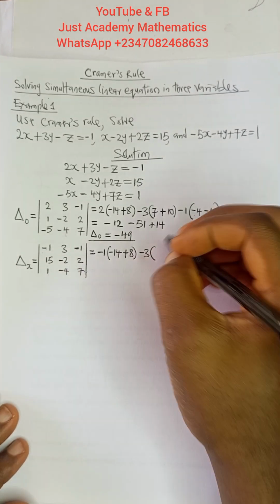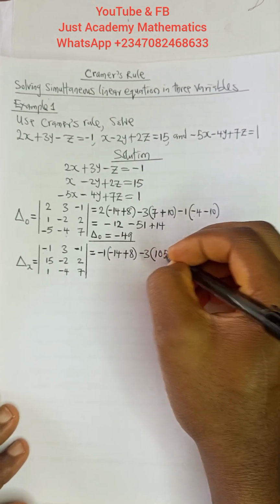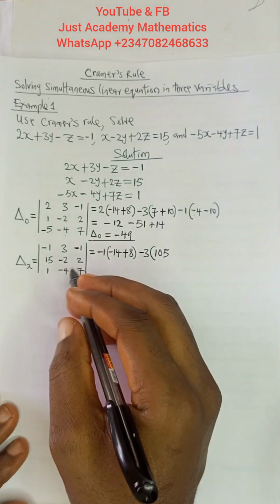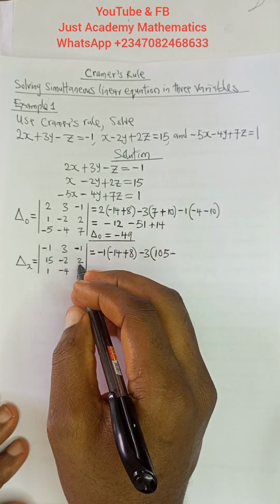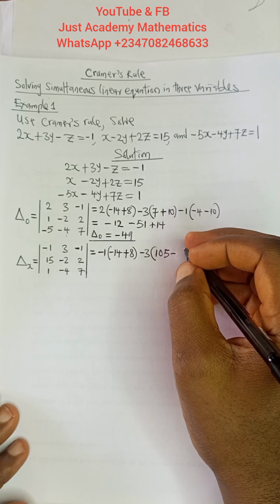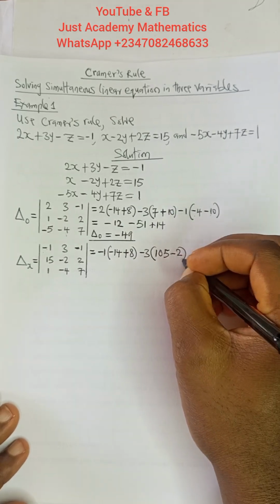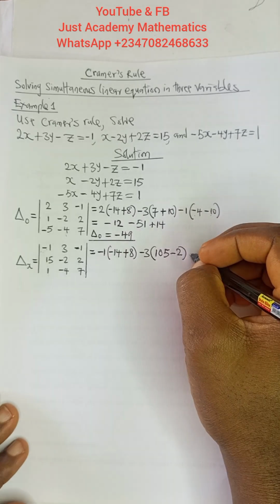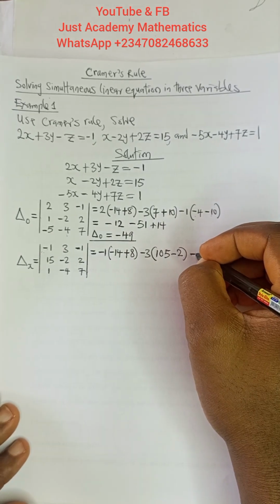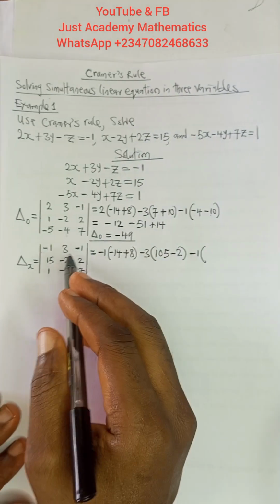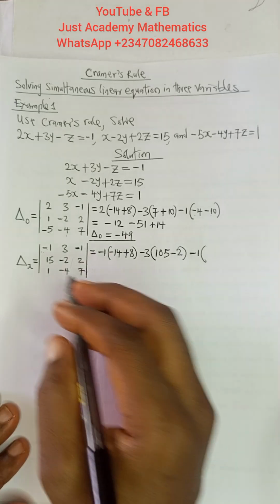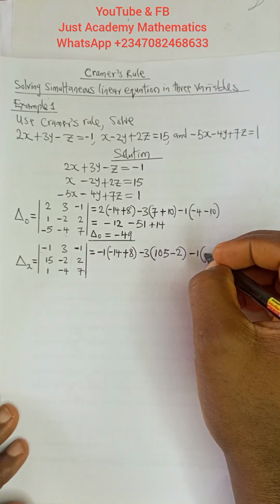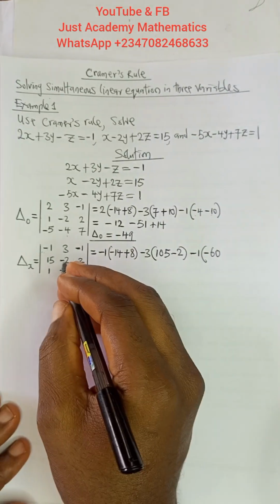15 times 7 is 105. 105 minus 2 times 1 will give us 2. Then plus minus plus. Plus times minus, here will still be minus. Minus 1 times, this is out, this is out. 15 times minus 4, minus 60.